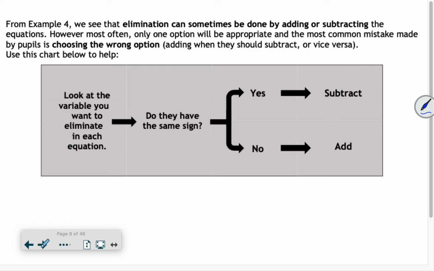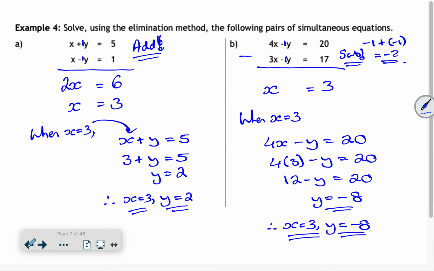You get it confused. So I hope this chart is able to help you in this way. So when you're dealing with the elimination methods, have a look at the variable you want to eliminate. So back in this, we were eliminating the y's here.